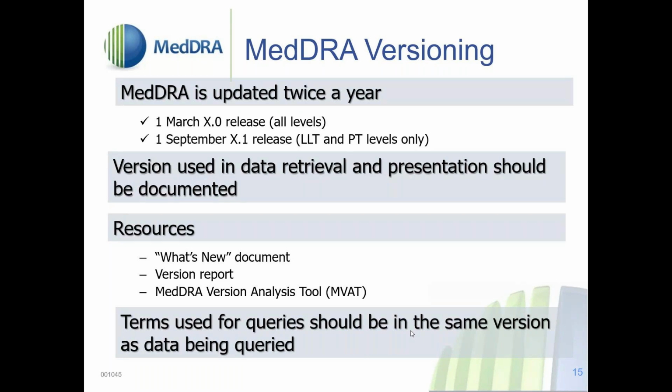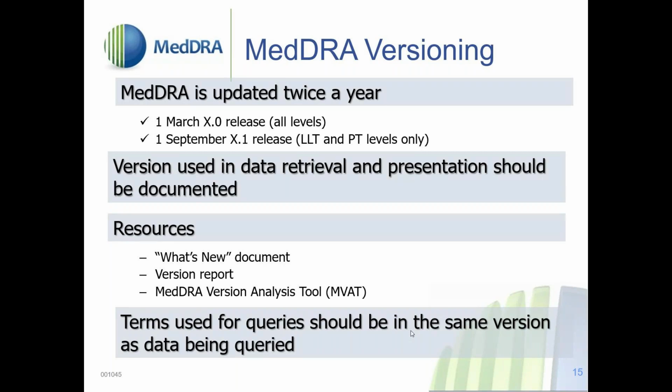In addition, there's also always a What's New webinar where somebody explains to you the important changes in that MedDRA version. Then we have a detailed version report in the form of an Excel file, which lists all the changes in different tabs. For example, which new LLTs were added, the new PTs, primary SOC changes of PTs, moving of LLTs between PTs, SMQ changes, and so on.